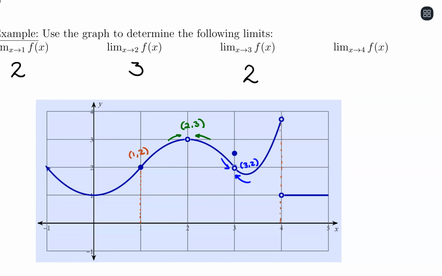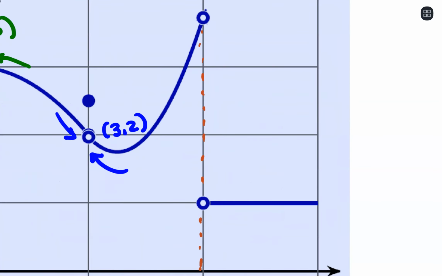So with this jump here, if I think about kind of zooming in, so if I'm approaching from the left, those y values are getting closer and closer and closer to that 3.5-ish. If I approach from the right, those y values are staying at y equals 1. So it's not matching up.